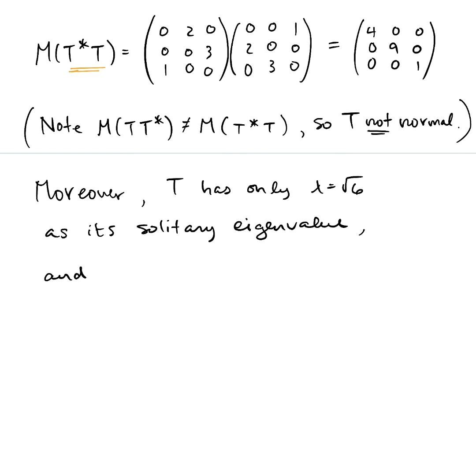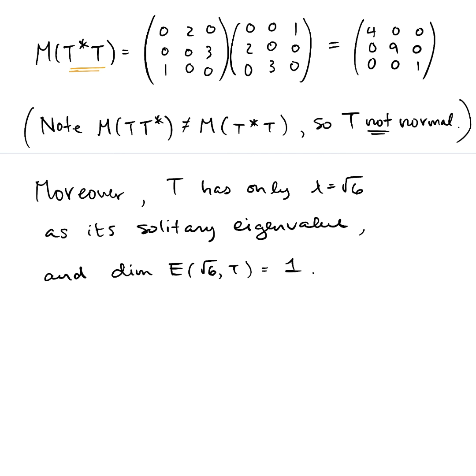And the dimension of the eigenspace that goes with root 6 is 1. So in a Math 306 kind of way, oh my goodness, T is just not great.